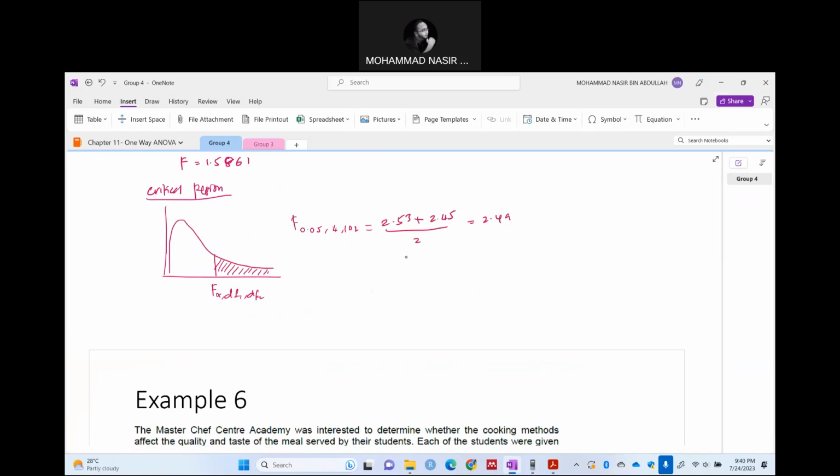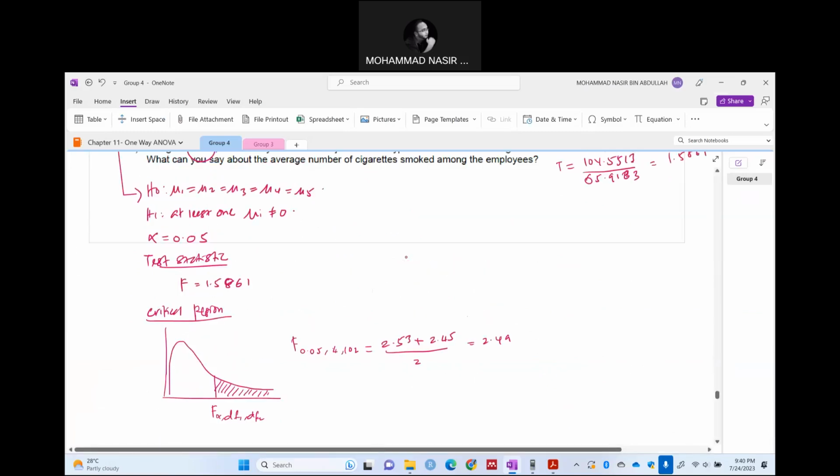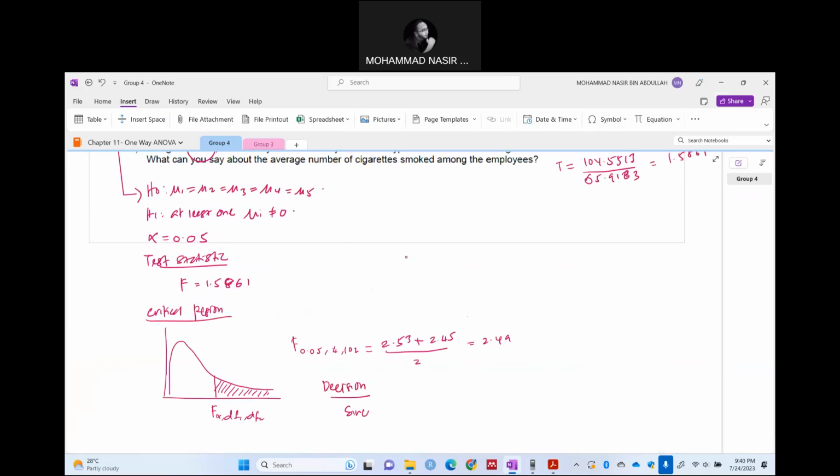So our decision: since F calculated is less than F alpha, dF1, dF2, is the null hypothesis rejected or accepted? Null hypothesis is accepted.